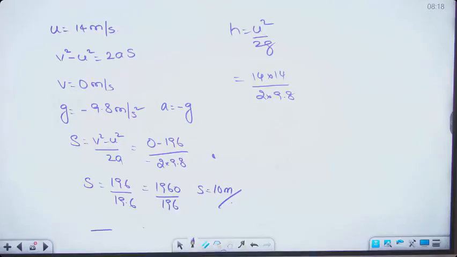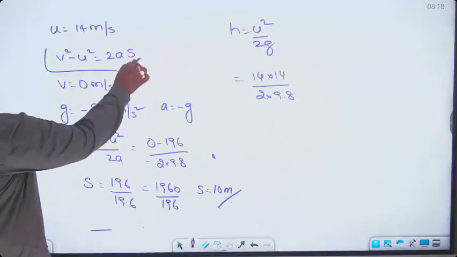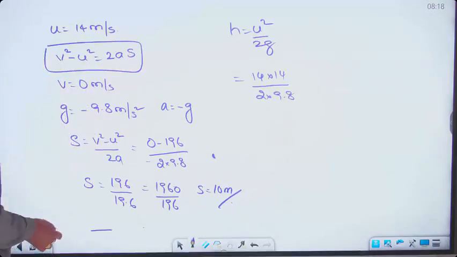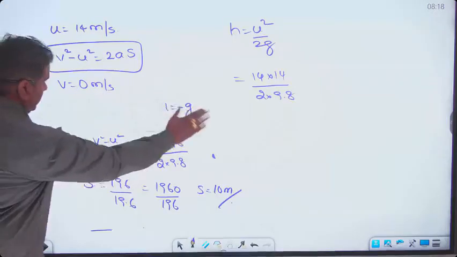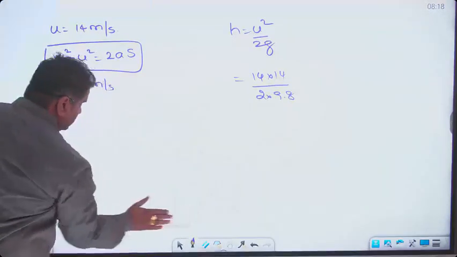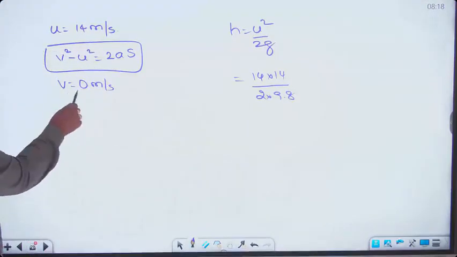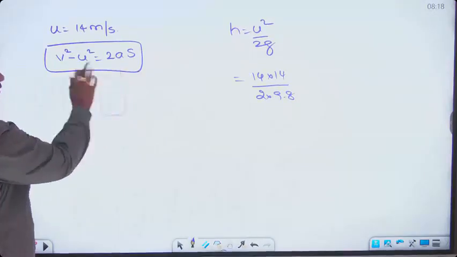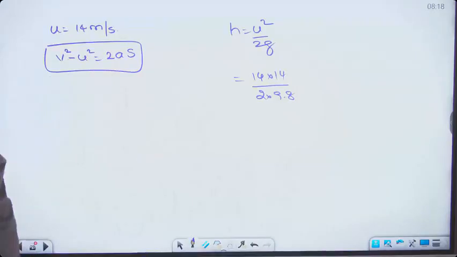The reason for that: already in this formula, in this particular case, I'm erasing this and removing this. Since it is a vertically projected object, we took v equal to 0. You're talking about the basic formula here, v square minus u square equal to 2 into a into s.